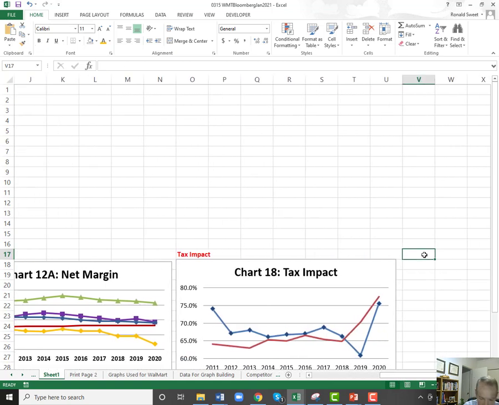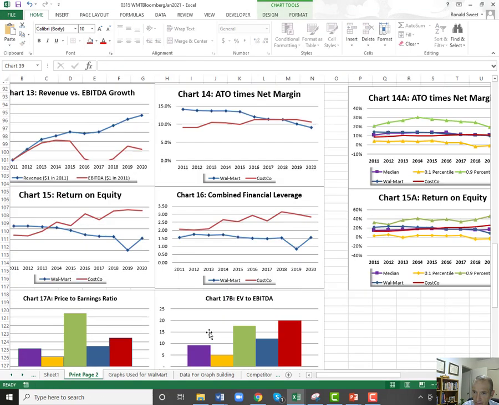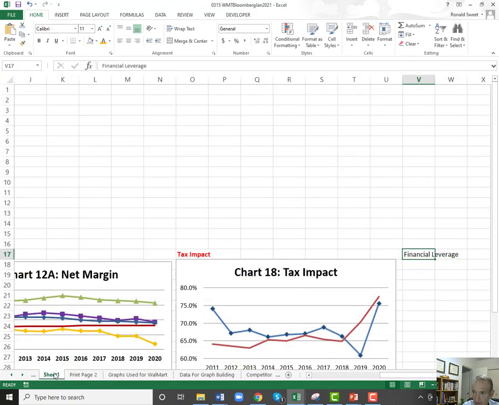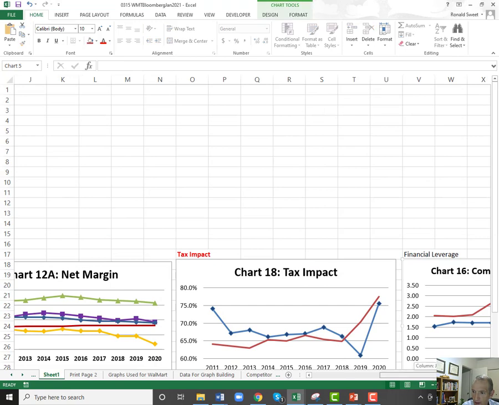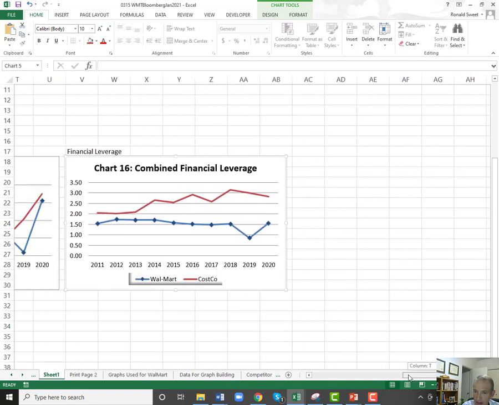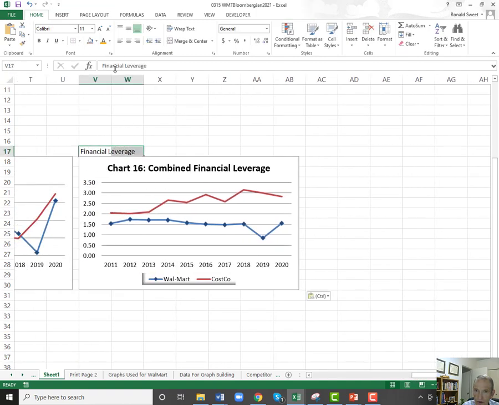And what's the last thing we have? It's financial leverage. So let's go look at the financial leverage. Here's their combined financial leverage. And what do we notice here? Here we notice that's actually important for both of these companies. Looks like a big deal. You can notice Costco's financial leverage is up a bunch. Walmart's has been flat, but again, you can see that 2019, the impact that happened.